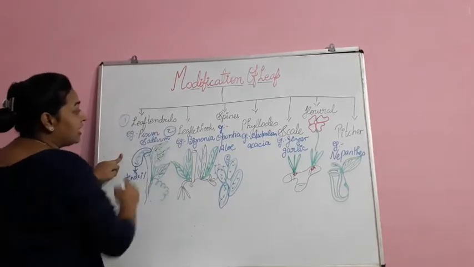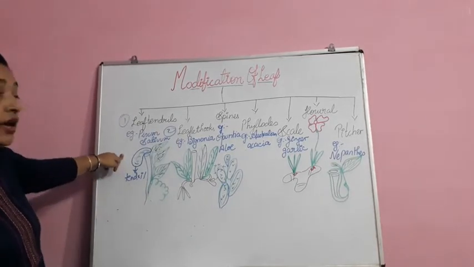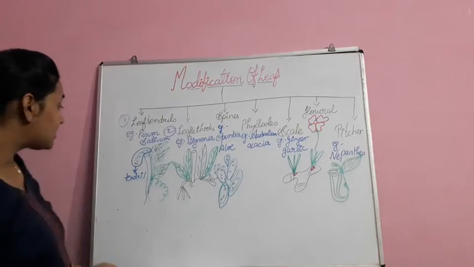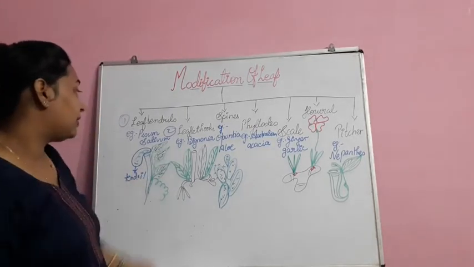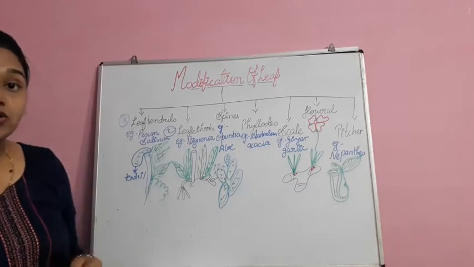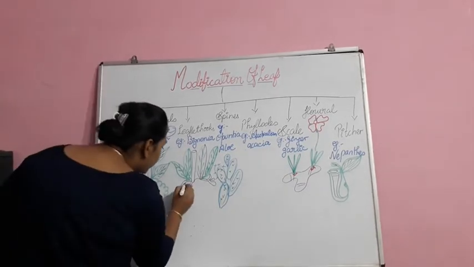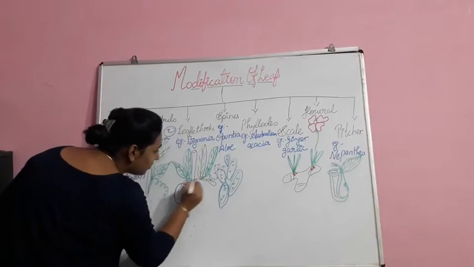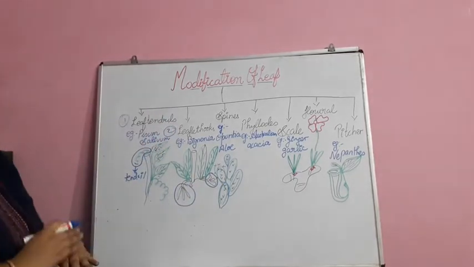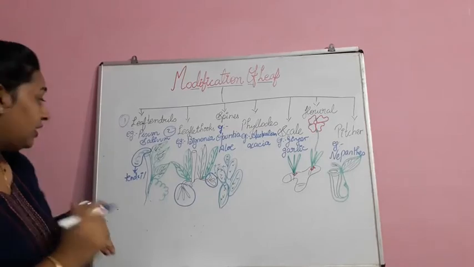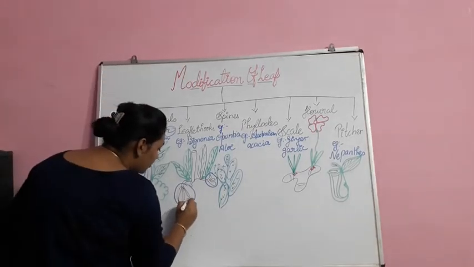Next we have leaflet hooks. Now what has happened to the leaflet hooks in this kind of plant? For example, in the begonia, the rachis or the leaflets get converted into this kind of structure which you can see over here, in figure 3, numbers 1, 2, 3.